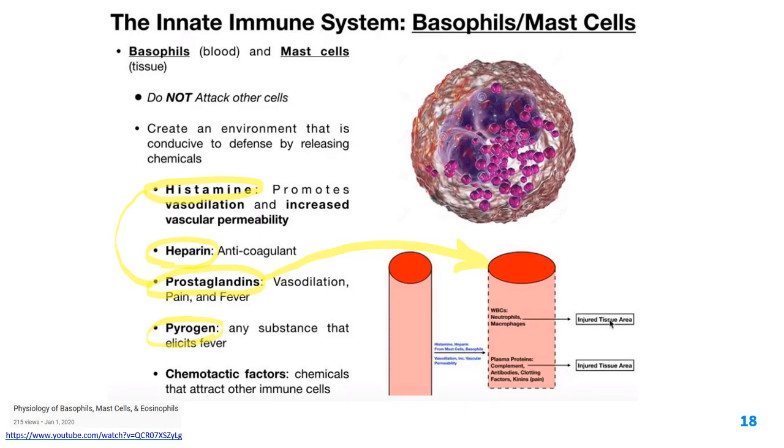So pyrogen causes fever. Besides that, they also have those chemotactic factors. Remember chemotaxis, they're going to attract other white blood cells to get to the site of inflammation or infection. So those are your mast cells at work.